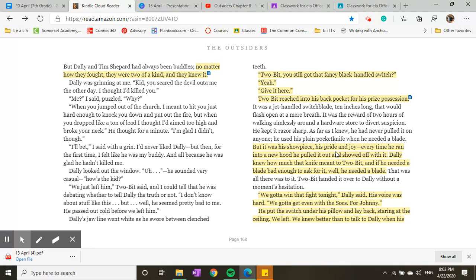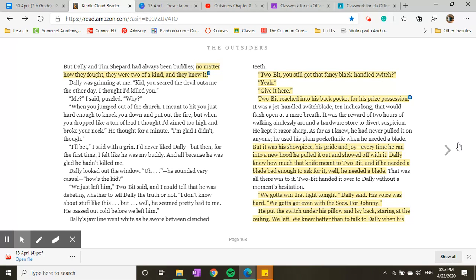And then it even talks about, if you're looking at the way we've talked about symbolism for Dally and for a lot of these guys, violence is part of their pride and joy. It's not like they love violence, but they're all really not backing down from this rumble.